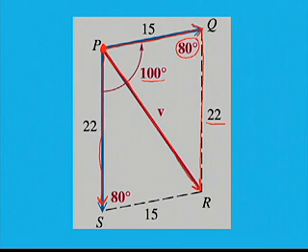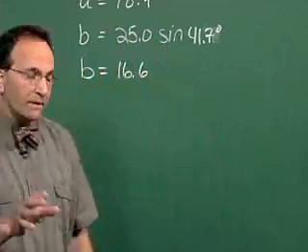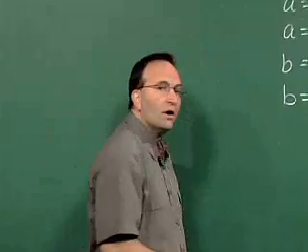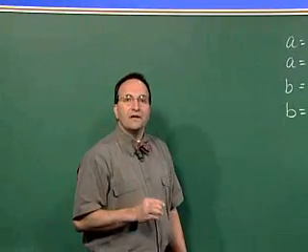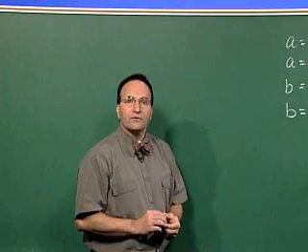So notice that we have 22, which is a side, 15, which is a side, and 80, the angle between them, which means we can use law of cosines to find the vector length V. So let's do that on the board. Let's find the value of the magnitude of V using the law of cosines.